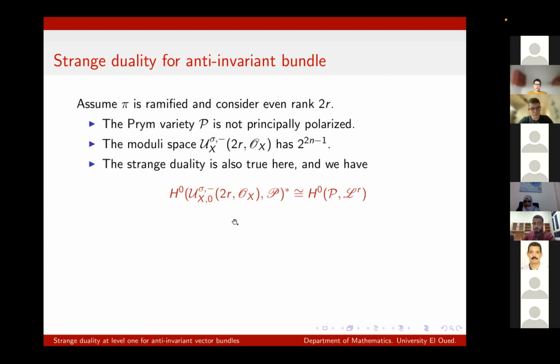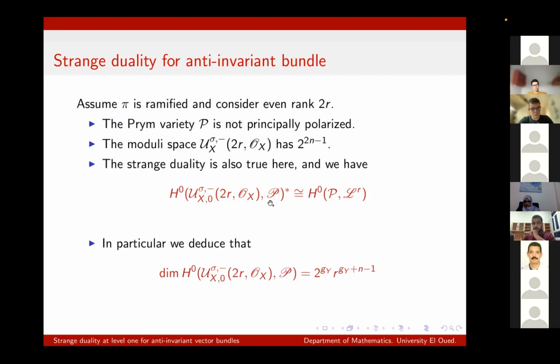Up to this change, we managed to prove this identity, and I will explain the idea in the second part. In particular, we again deduce the dimension of this vector space, which equals 2 to the power 2g times R to the power g plus n minus 1.